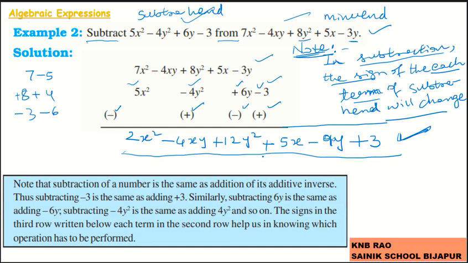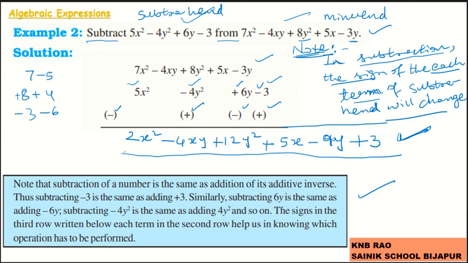Children, the very important note that I said, the same thing they are discussing in detail. This note is what I mentioned here. The subtraction of a number is the same as addition of its additive inverse. Thus, subtracting minus 3 is the same as adding plus 3.